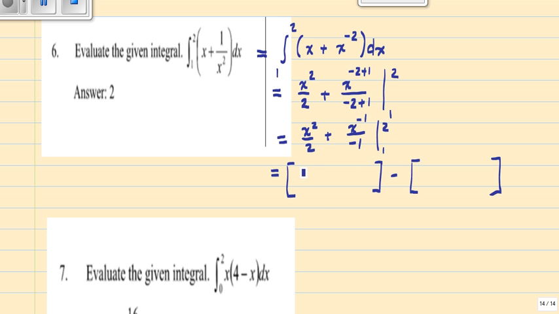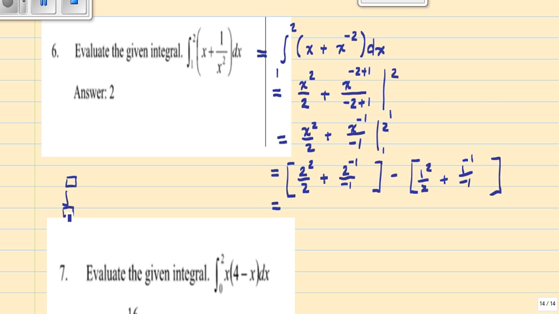So plug in 2, 2 squared divided by 2, plus 2 to the power of minus 1 divided by minus 1, and then 1 to the power of 2 divided by 2, plus 1 to the power of minus 1 divided by minus 1. And at this stage, you can use your calculator to evaluate. So that's going to be integral, and you put your limits.